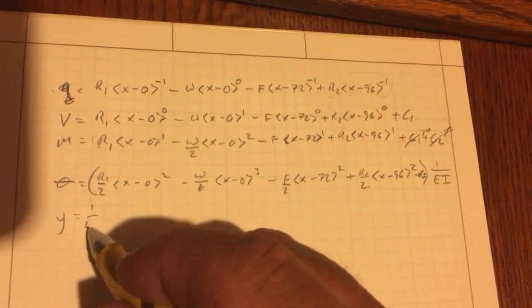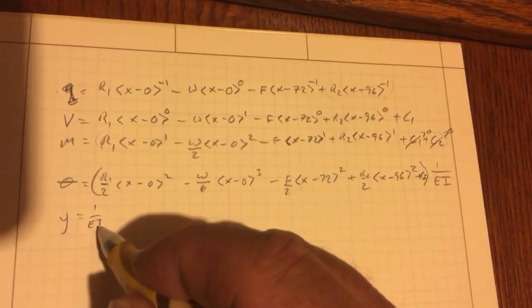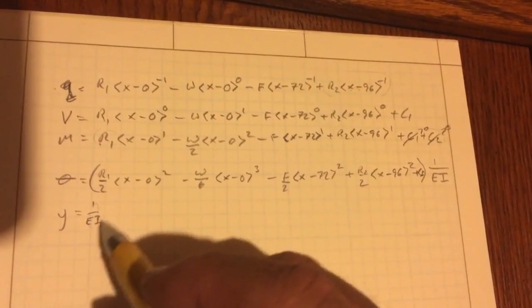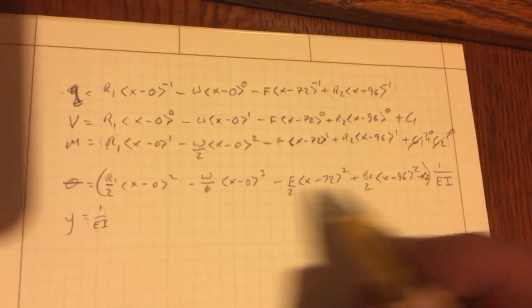So I put my 1 over EI over here, and these are, of course, constants, so they're outside of the integration.